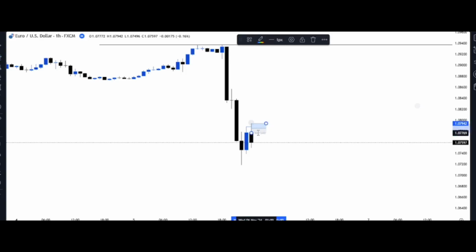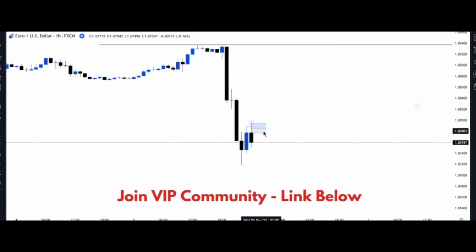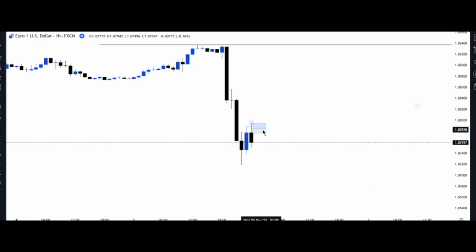This lower part here is where we want to target. Remember, we want to go short. Remember that always. We want to sell because the daily time frame shows us that we are now bearish. You don't want to buy, you want to sell. So even if you find this kind of thing here, you don't want to buy.